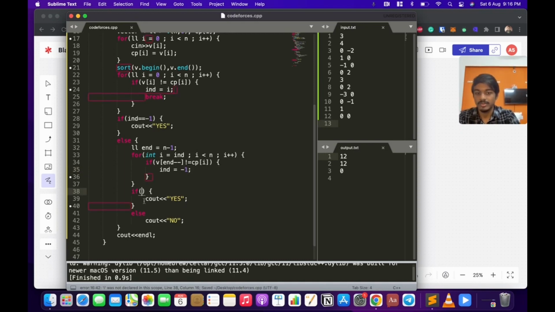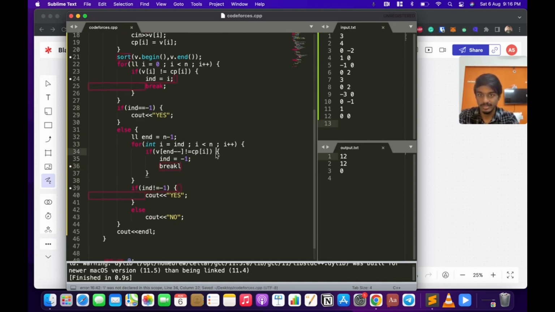If index is not equal to minus 1, I kept a minus 1 here as default, then index will be a non minus 1 value here. If it is minus 1, that is the last number, and this copy of I doesn't match, then from there I just keep on decrementing the value, that is v of n minus minus. Take the last number, go to the next number, end will be last.